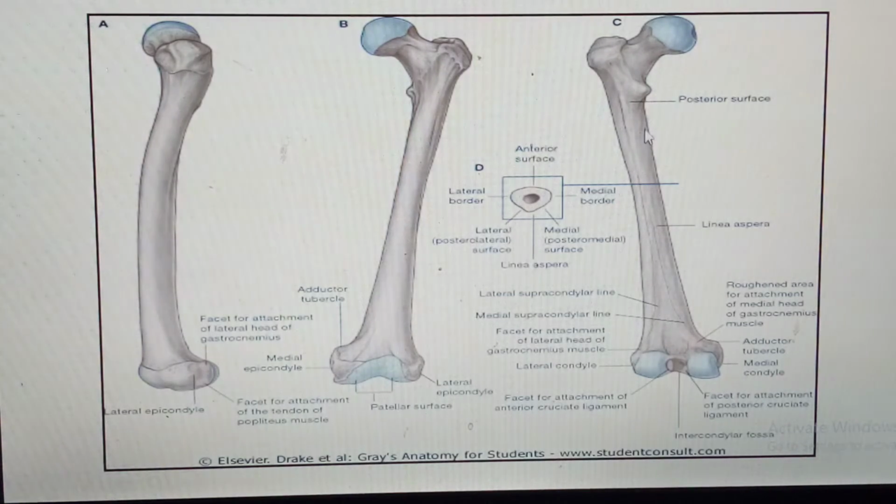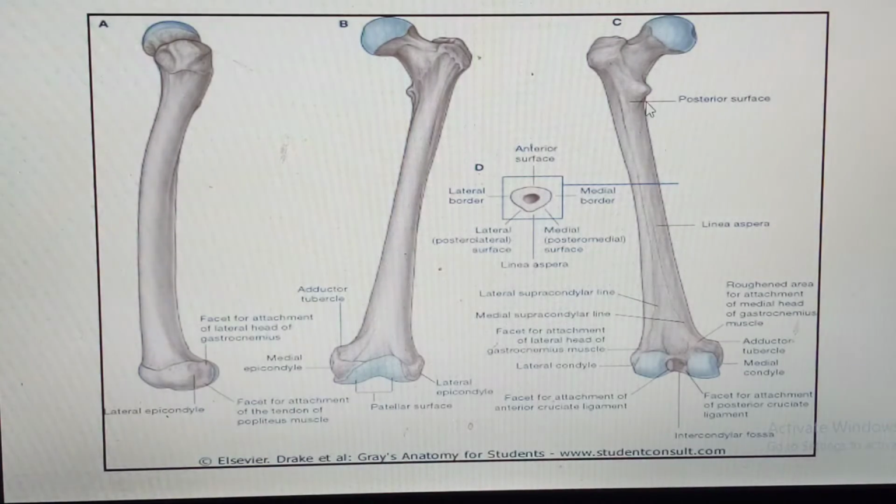Now the posterior aspect presents with this line. Laterally placed will be that for the gluteus maximus muscle to actually insert here. So there's going to be that kind of gluteal line, or gluteal tuberosity, over there.